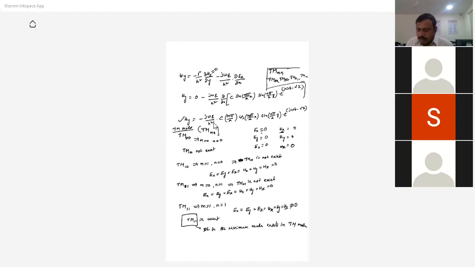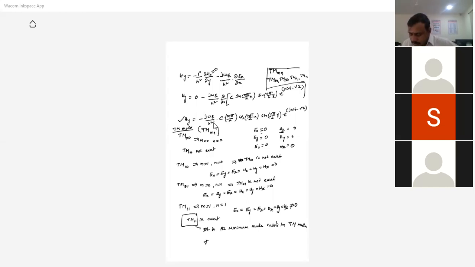So by proving the equations, we can say TM00, TM01, TM10 are not existing in the TM mode.